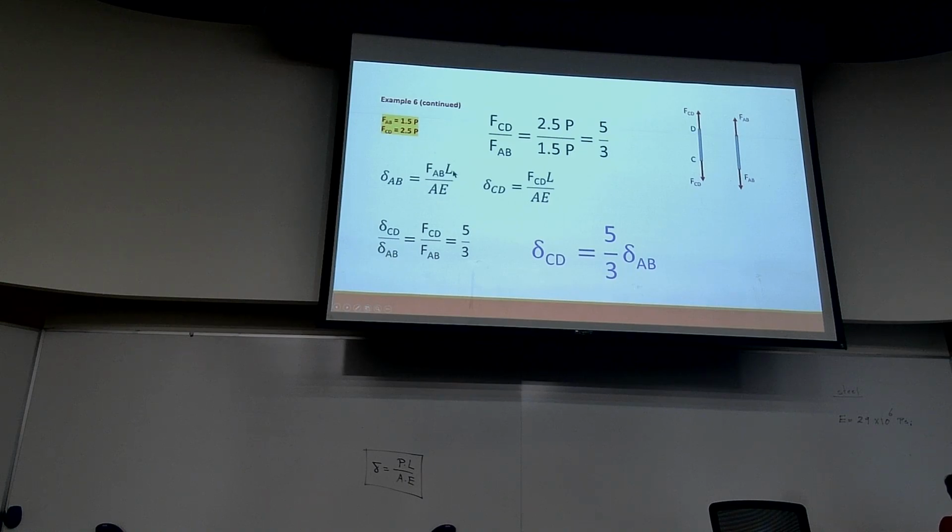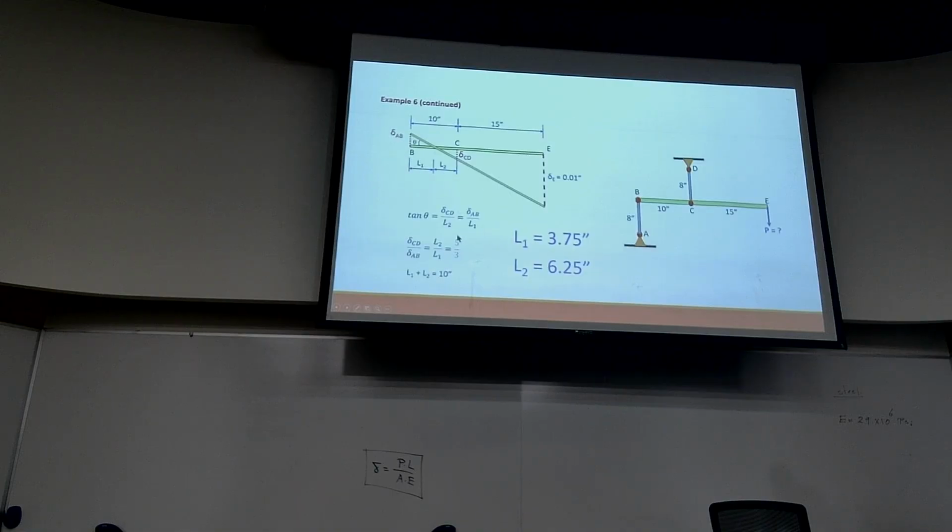Because the L's are the same, the A's are the same, the E's are the same, if the forces are related through this, the same applies to deltas, because delta is directly proportional to the force. So if the force in CD is bigger than the force in AB by a factor of 5/3, the same applies to their deltas, or deformations. So we can find that delta CD is 5/3 times delta AB.